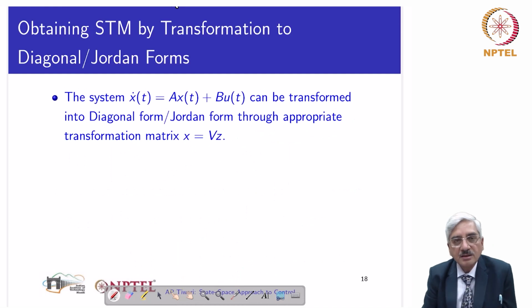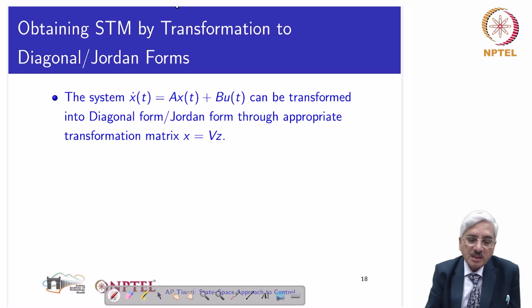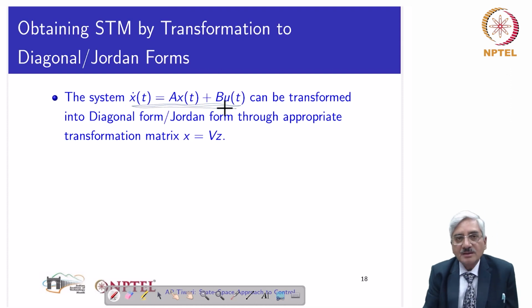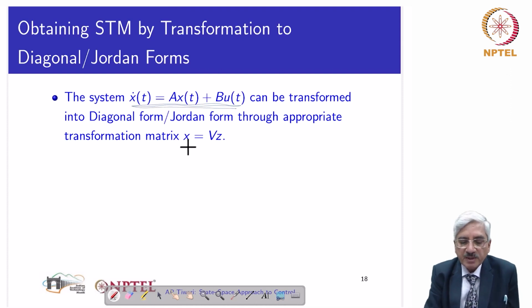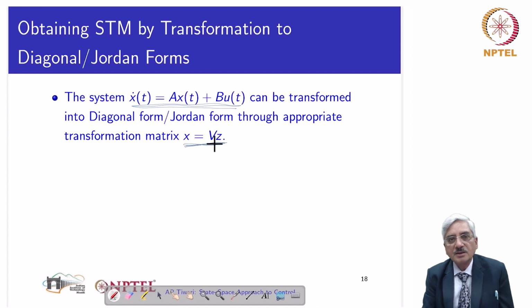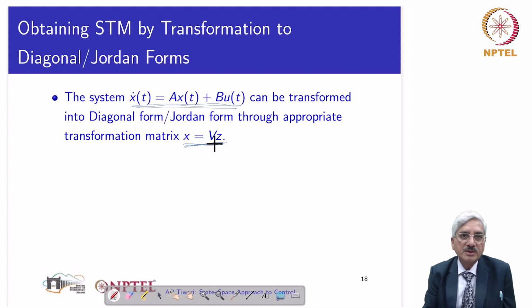The next method is by converting the given matrix into diagonal or Jordan form. So we are given the state equation. We can search for an appropriate transformation, as it was told in the earlier lectures, how to obtain a transformation which converts the given system matrix into diagonal form in case of distinct roots and Jordan form in case of repeated roots.